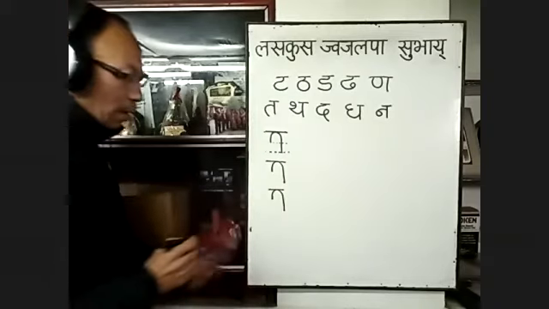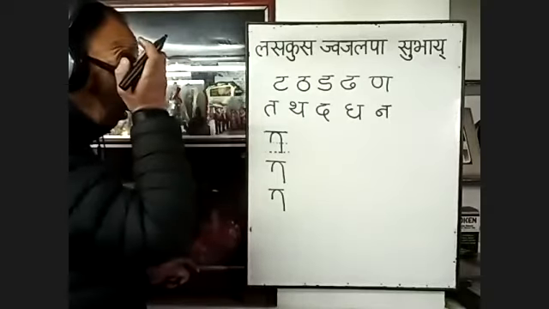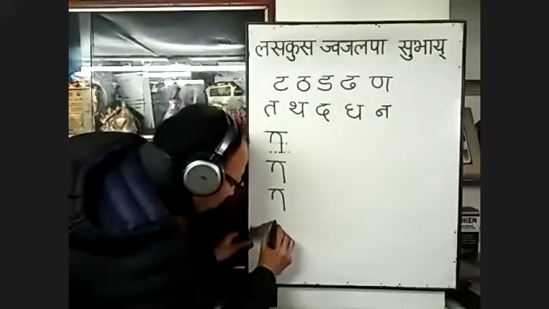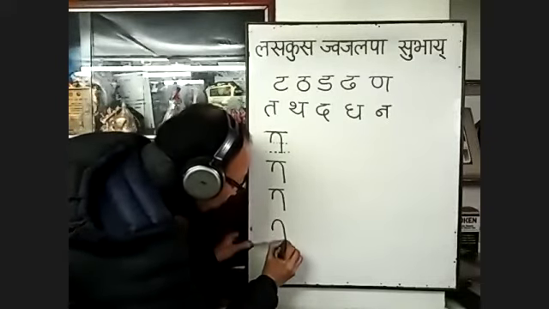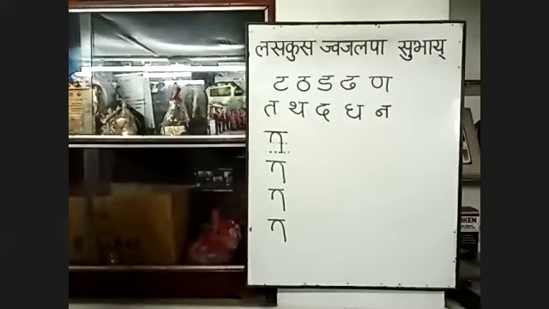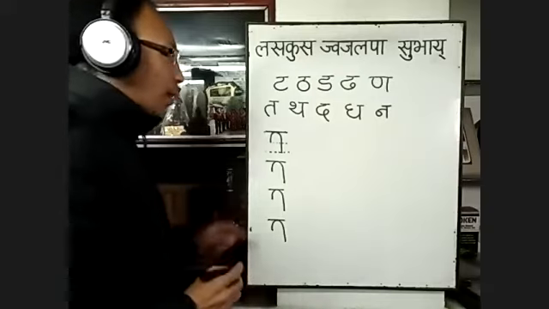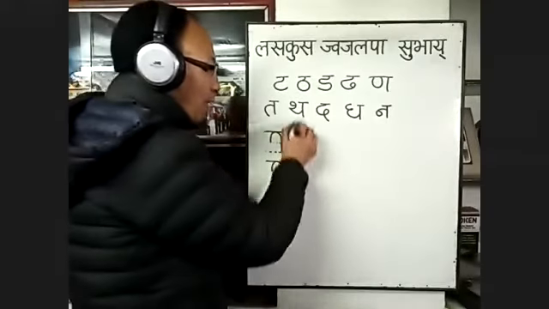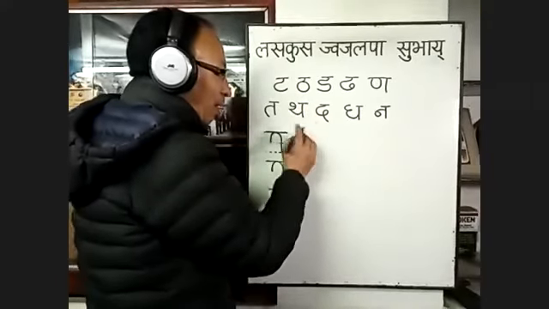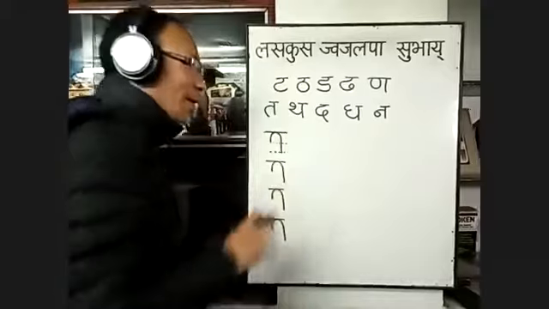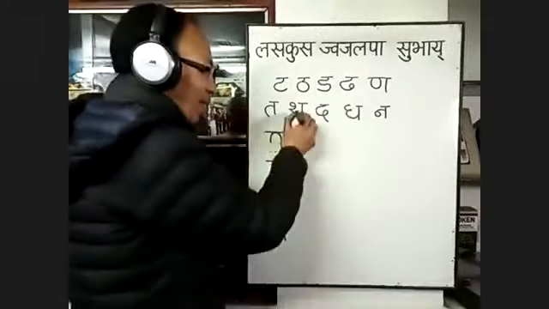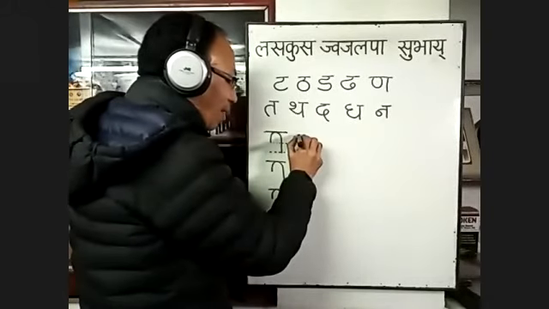Okay. Ta. Now tha. Tha is written the same way. My writing of tha is the same whether I write Devanagari or Nepal Lipi. So in Nepal Lipi, it is written like this.